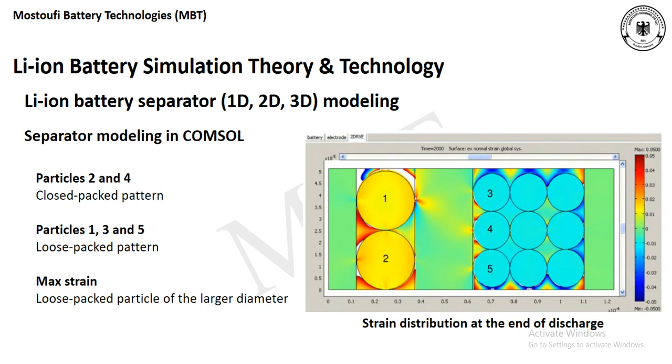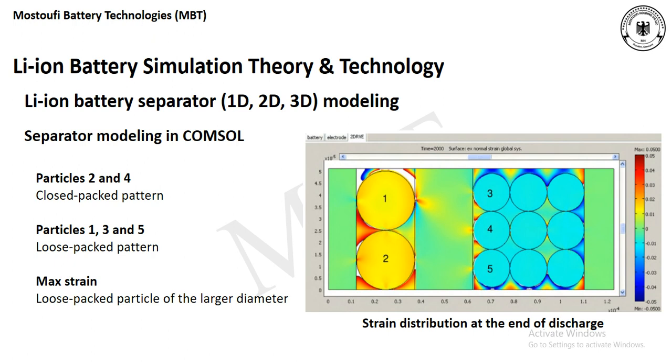As you can see, as a result of the simulation of the separator under these conditions in the COMSOL software, we can notice that the particles labeled as 2 and 4, which are from the cathode and anode side, are in closed pack pattern, experiencing positive stress or positive strain, and the particles labeled as 1, 3, and 5 are experiencing a negative value of strain, which could be defined as loose packed pattern.